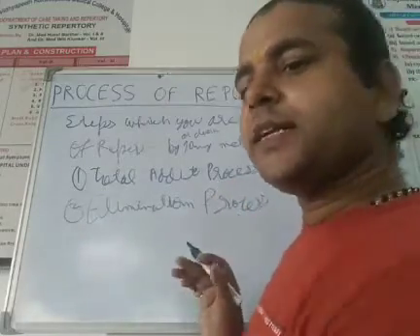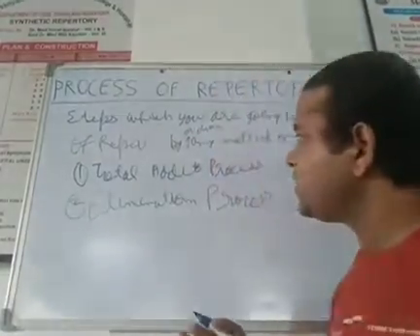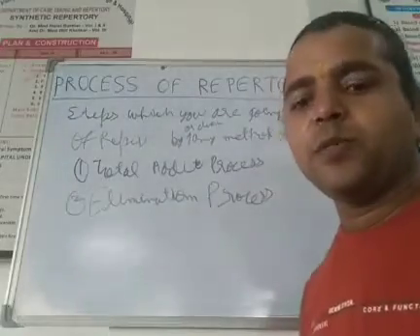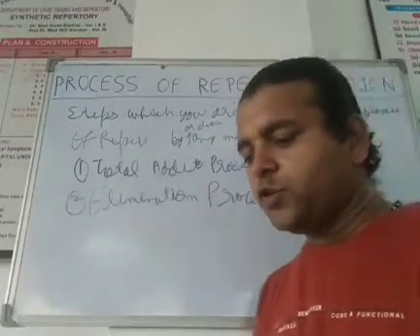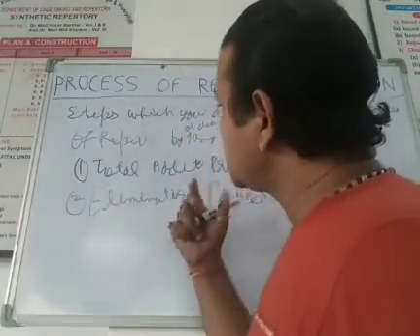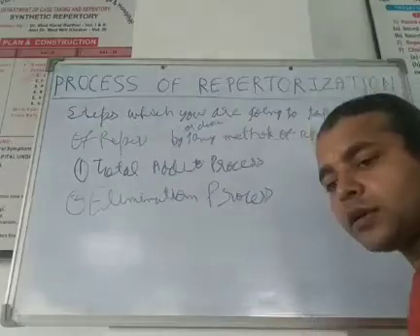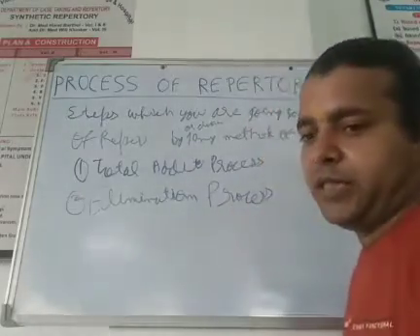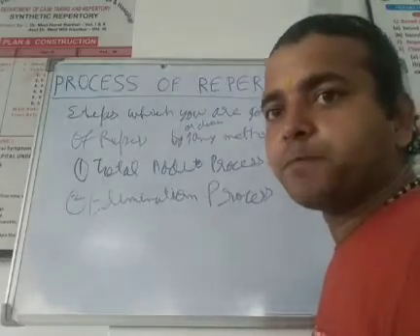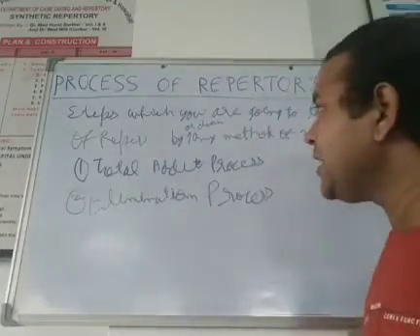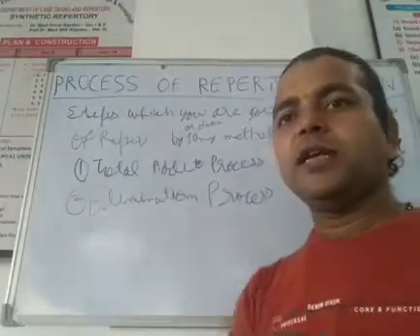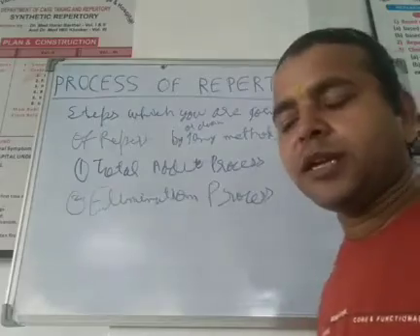So you are getting two processes. You have to choose any one method. You cannot choose both methods simultaneously. You have to choose any one method of repertorization as per B.K. Sarkar or as per a general classification.